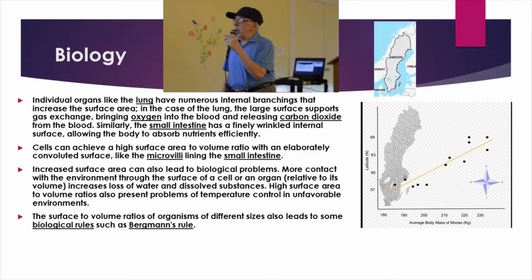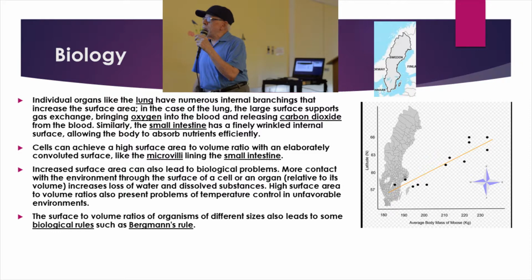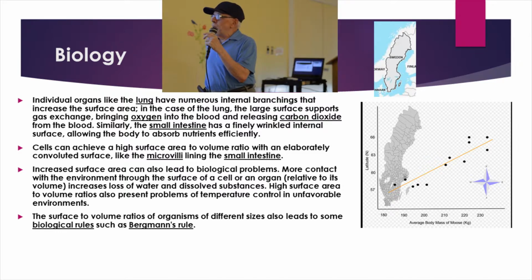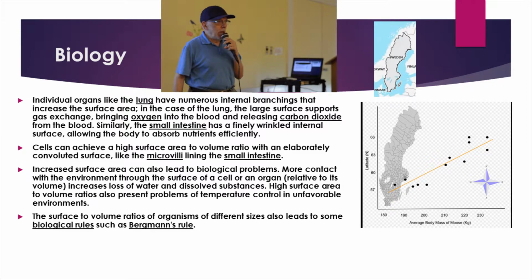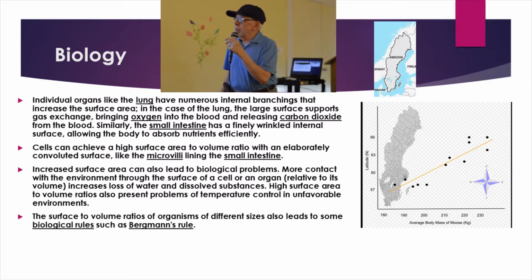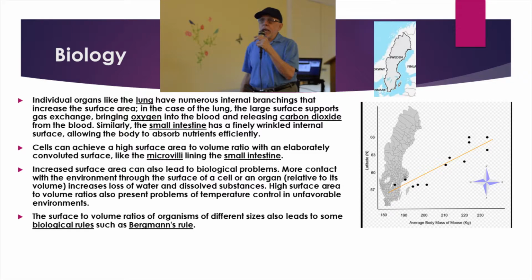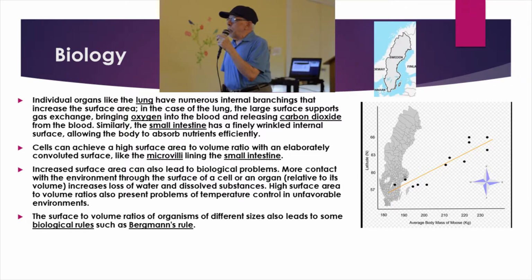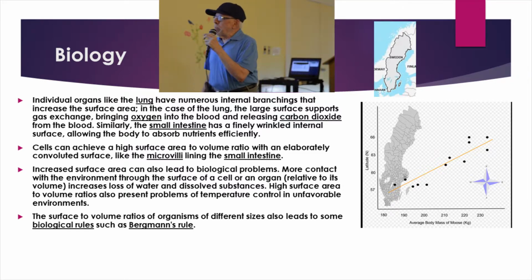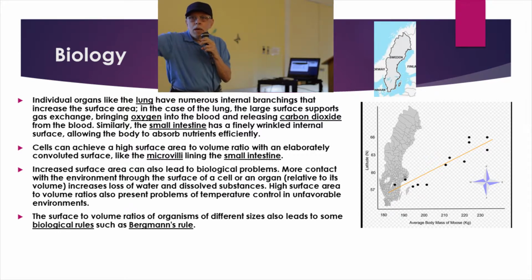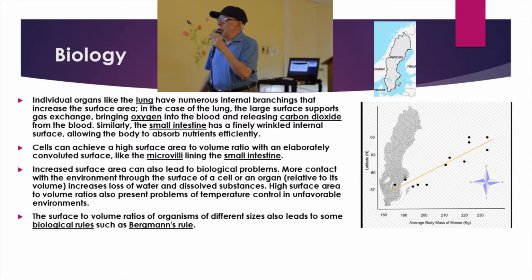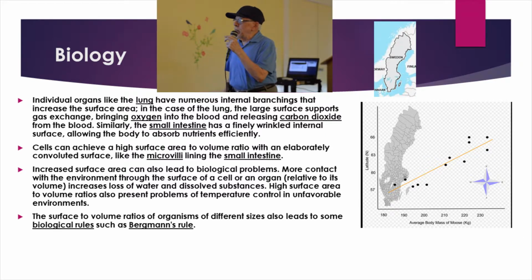Similarly, the small intestine has a finely wrinkled internal surface, allowing the body to absorb nutrients more efficiently. Cells can achieve a high surface area to volume ratio with an elaborately convoluted surface, like the radiator, and like the microvilli lining the small intestine.